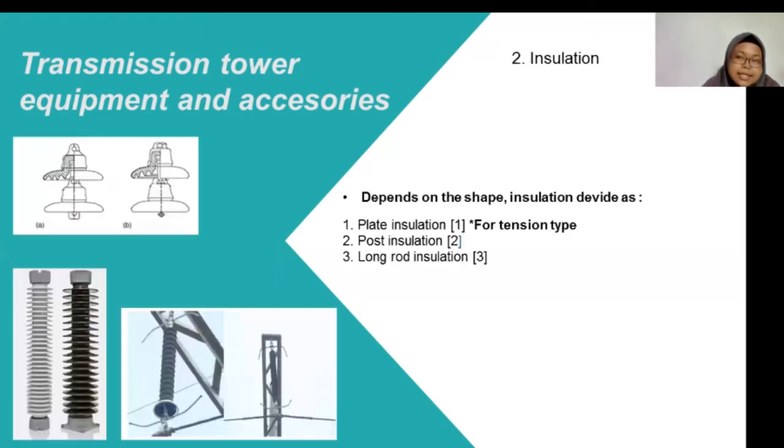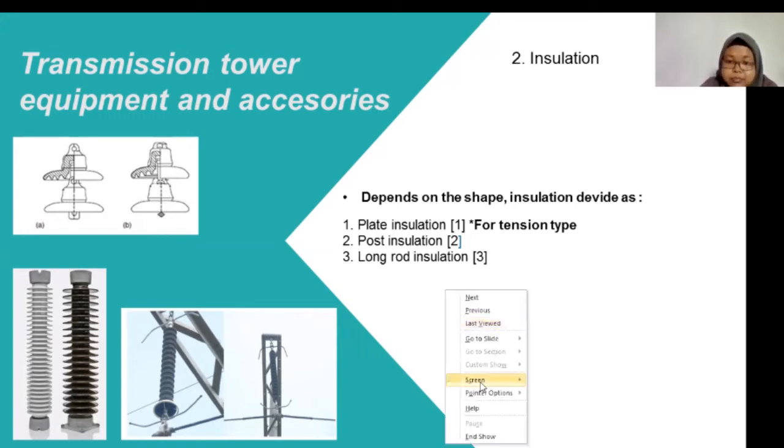Okay, the second we will talk about insulation function. Insulation in 150 kilovolt tower transmission is used to isolate voltage part and non-voltage part or ground during normal continuous operation or when lightning strikes occur. Depending on the shape, insulation is divided into three.